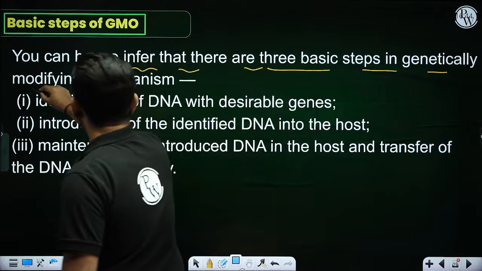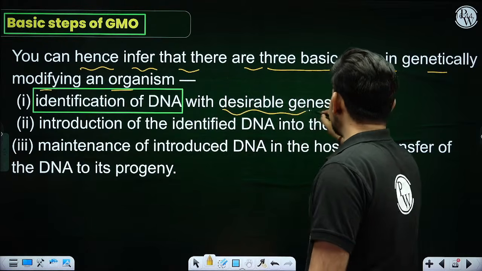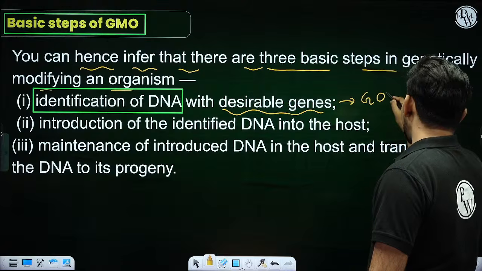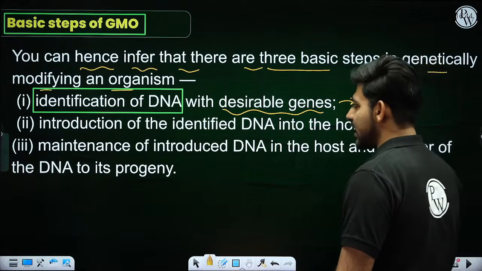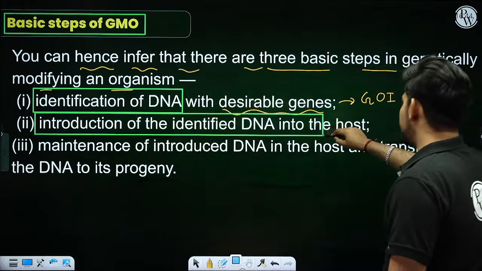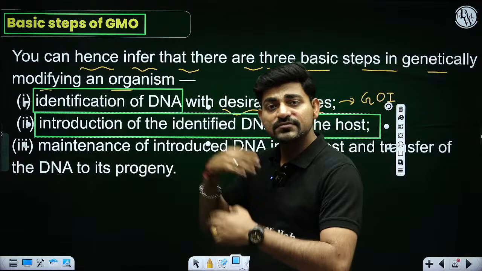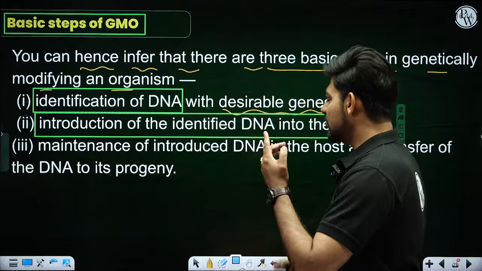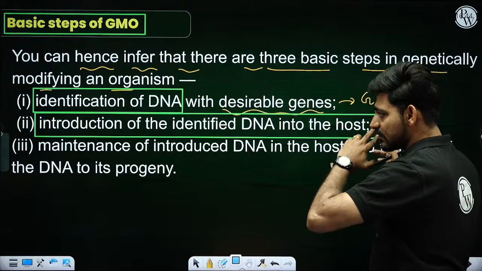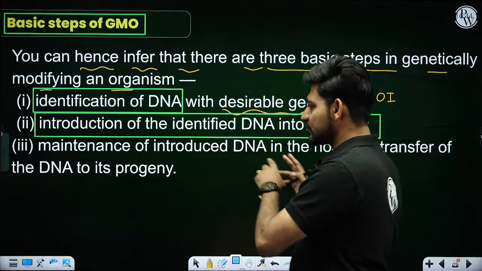First, identification of the DNA for desirable genes, and we call that gene of interest, GOI. Next, introduction of the identified DNA into the host. Next, you have to transform the host. You have to put that gene of interest with the help of a vector inside the host organism.